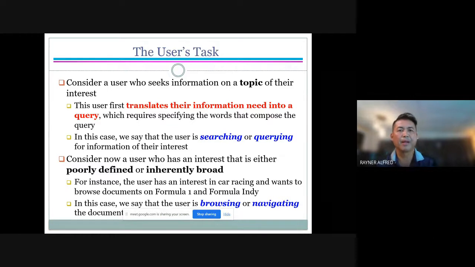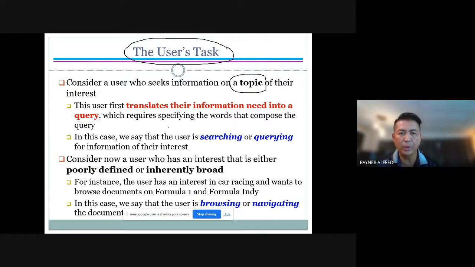Okay, so the user task. What is our task? Okay, consider a user seeks information on a certain topic. So what they want to do is translate their information need into a search or query.